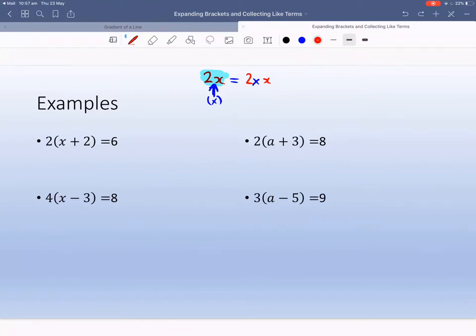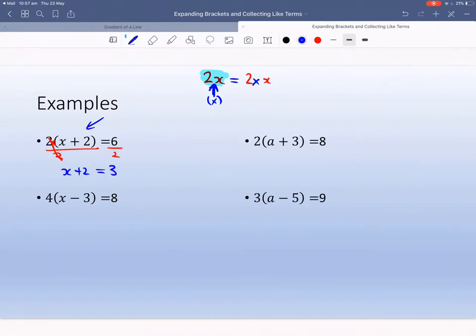So I'm going to undo this equation by undoing the times 2 first. So what's the opposite of times 2? If you said divide by 2, you would be correct. So that means I need to divide by 2 the other side. So now all I've got left on this side is what? X plus 2. All right. 6 divided by 2, that's 3, isn't it?